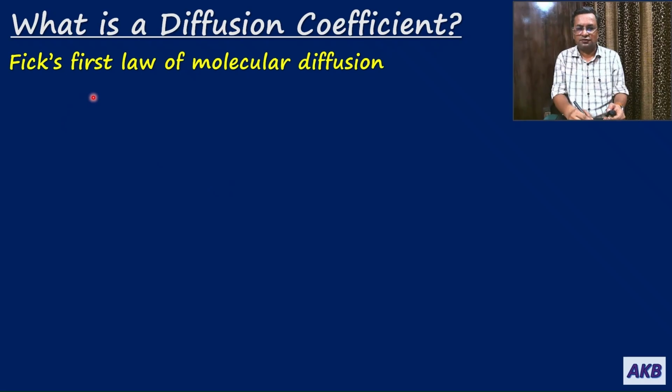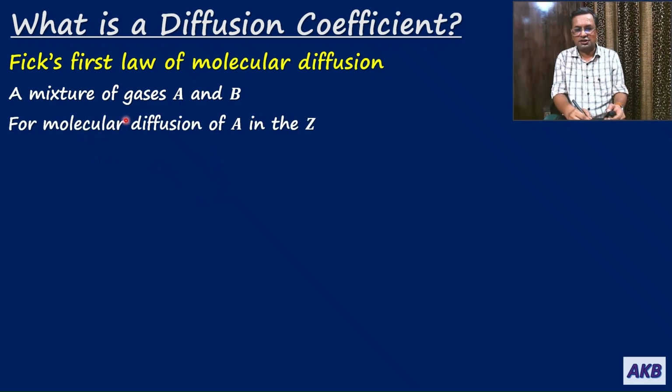So, Fick's first law of molecular diffusion. In order to understand the law, we will consider a mixture of two gases, gas A and gas B. So we are considering a binary gas mixture.